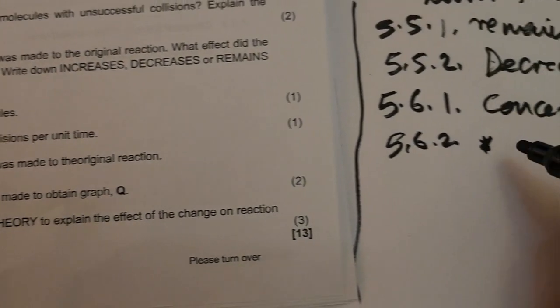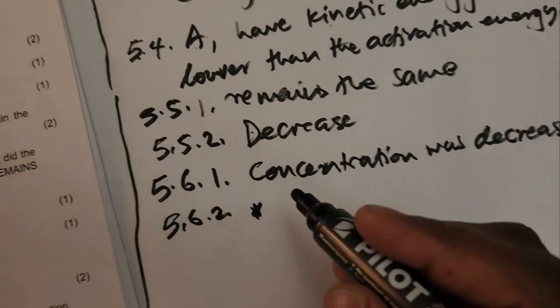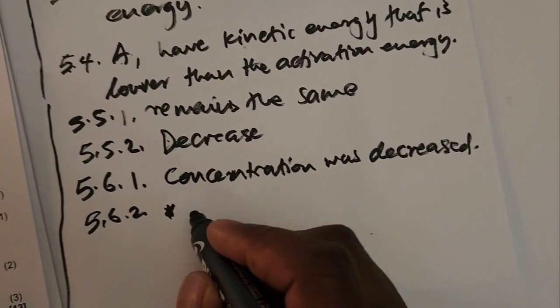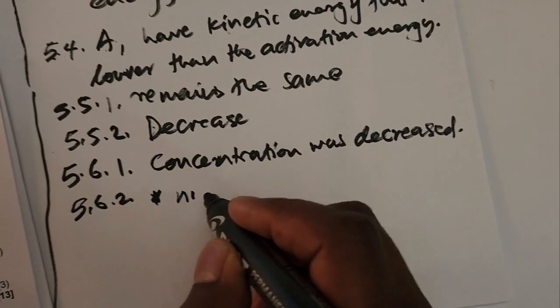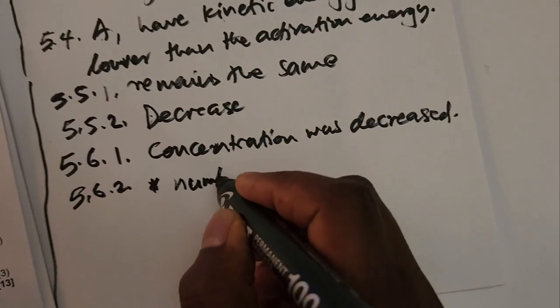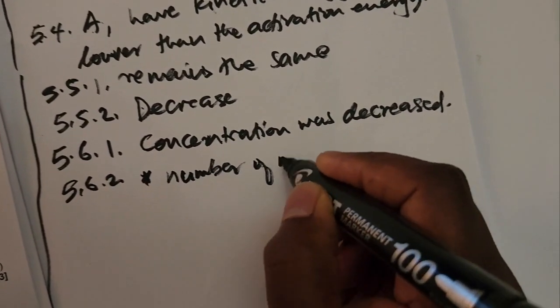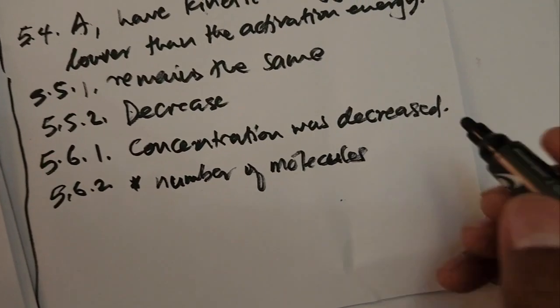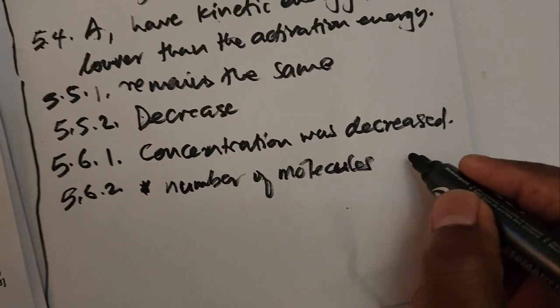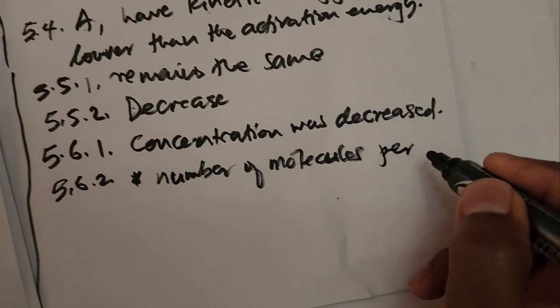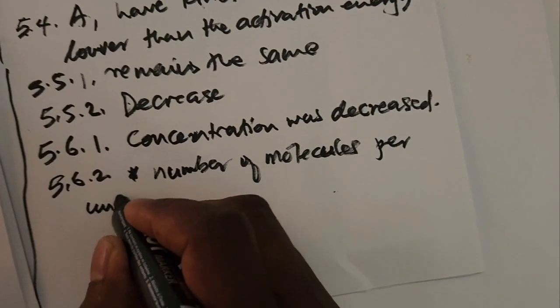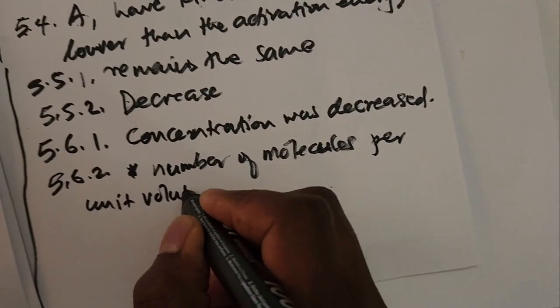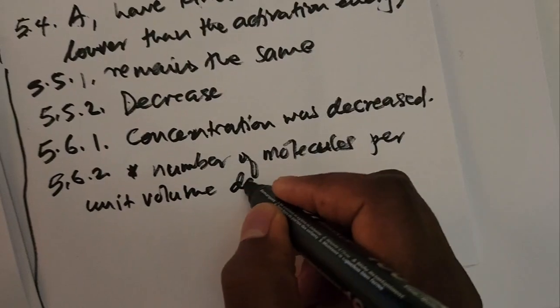When you decrease concentration, the first point will be that the number of molecules or particles per unit volume decreases.